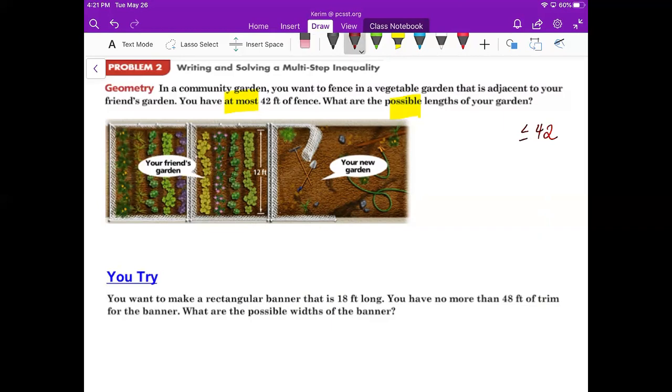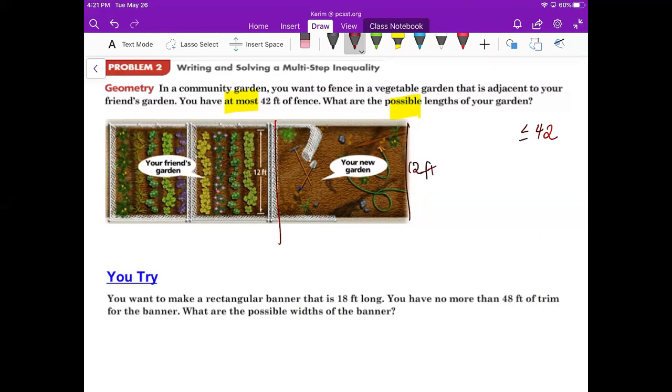When I look at my French garden, one dimension is 12 feet, as you see right here. If this is a rectangle, the question doesn't actually say, but the figure is a rectangle, so the parallel sides are equal to each other. If it's 12 on the left, 12 must be on the right. So 12 feet.